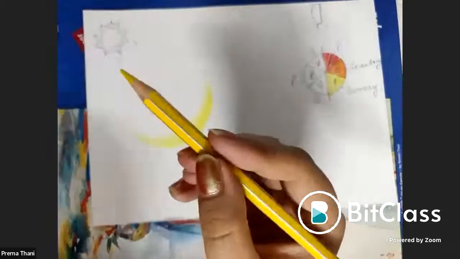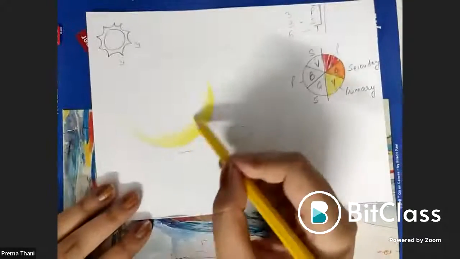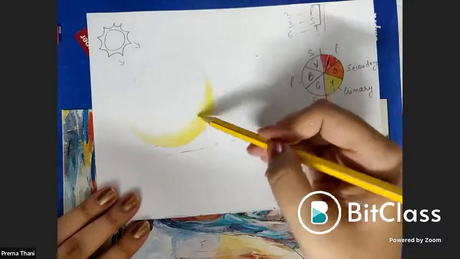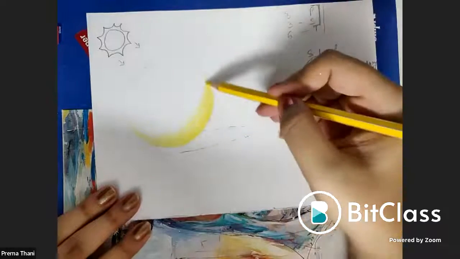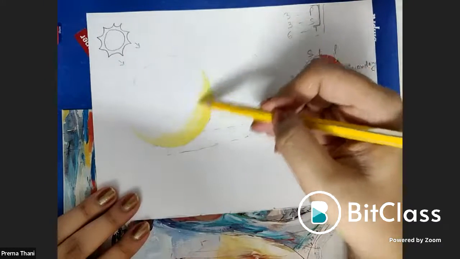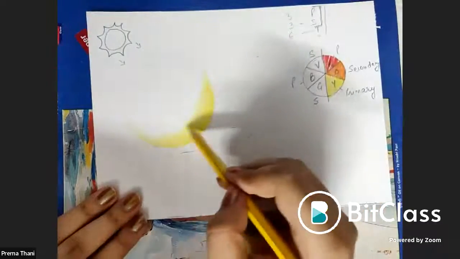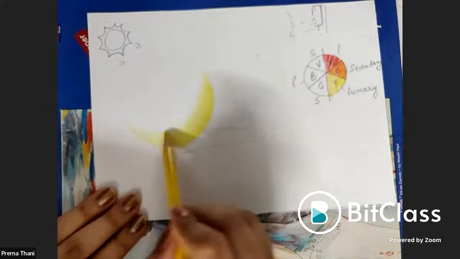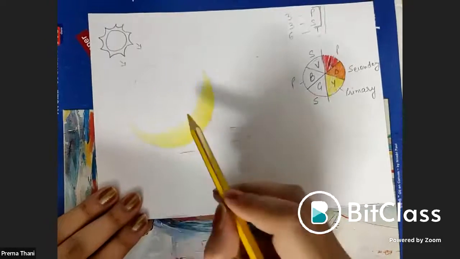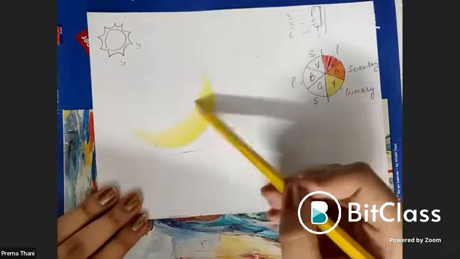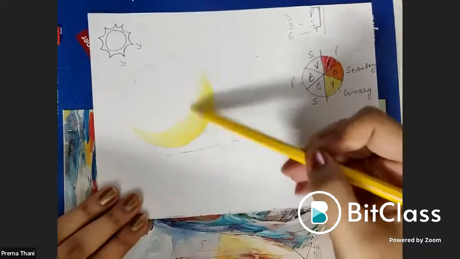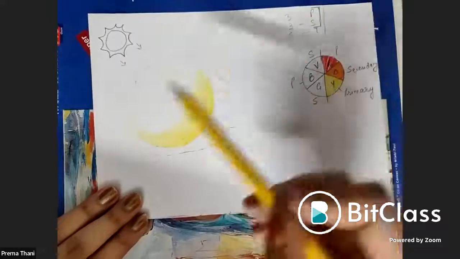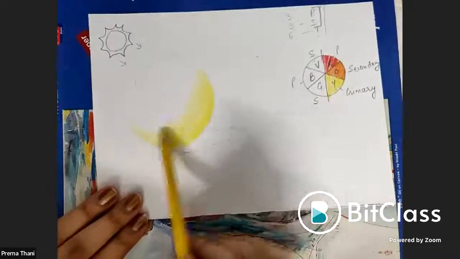Hold your pencil from here now. It will automatically become lighter, because the darkness and lightness of the shade depends on the pressure of your hand. So if you just control the pressure of your hand, you will get your desired shade. Just keep going up and your shade will become lighter and lighter. Everyone try it and tell me if it's working.